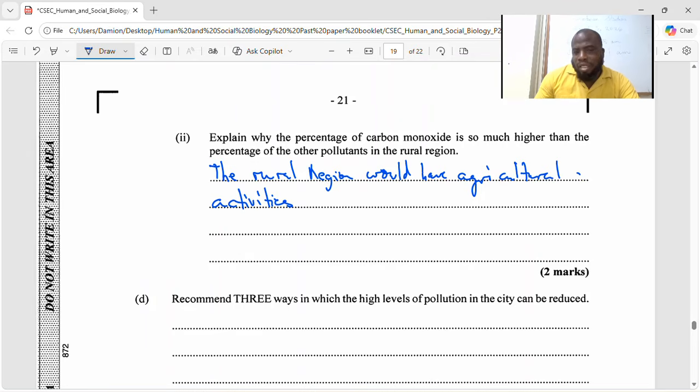And so from that, you may have tractors available. You may have the burning of coal.